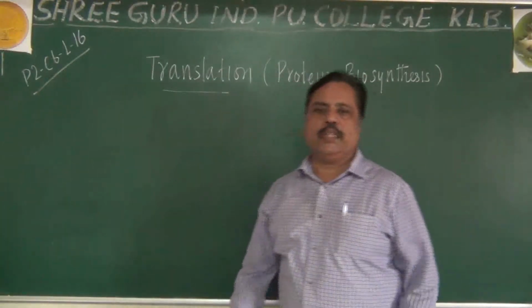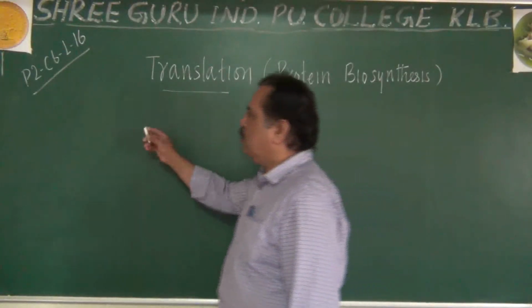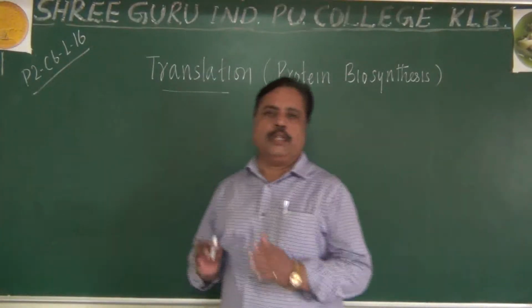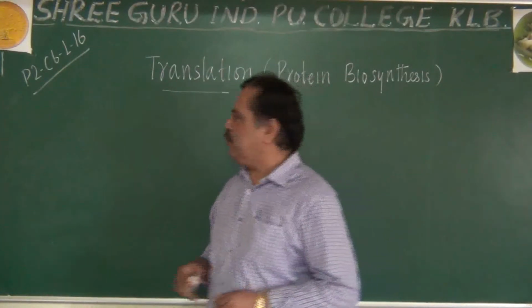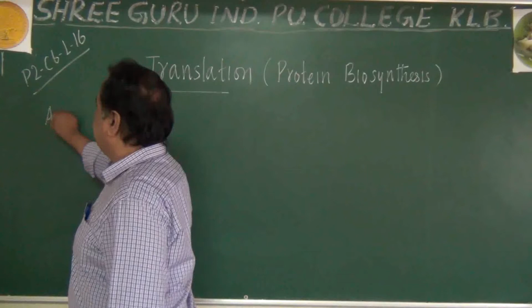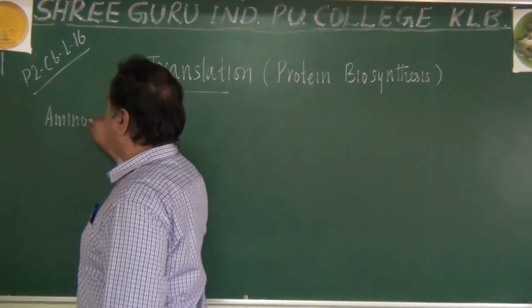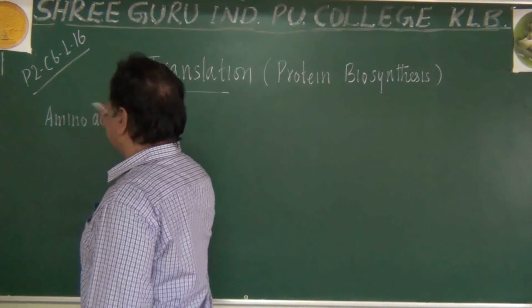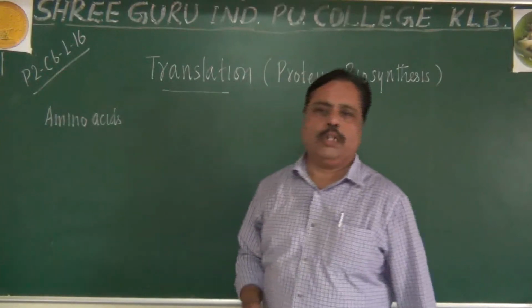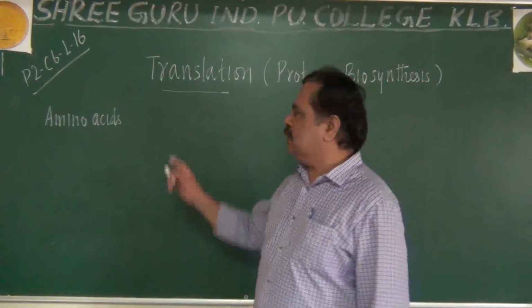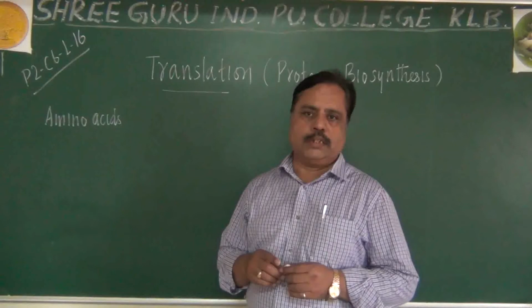In the previous lecture, I was telling you about the raw materials required for protein synthesis. The main raw materials are amino acids. You know that 20 types of amino acids are there in our cytoplasm.